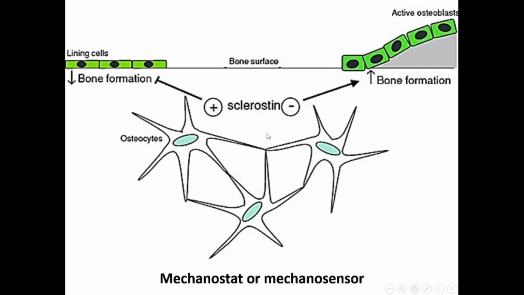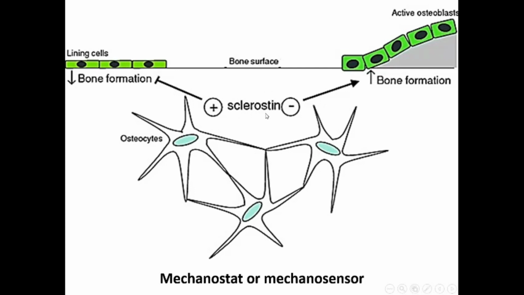For example, here you can see the osteocyte producing one factor called sclerostin, which stops bone formation by osteoblasts and converts them to lining cells.